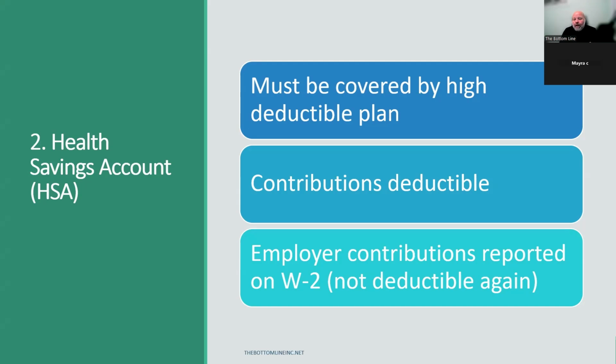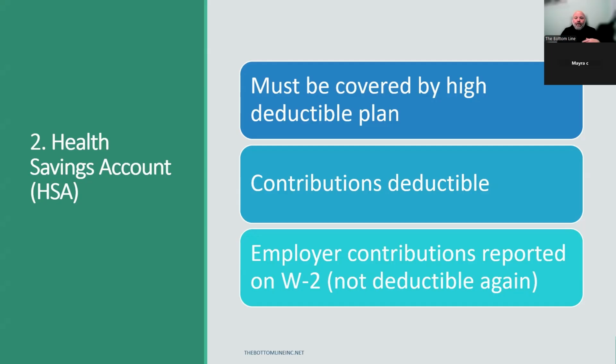But at any point in time, you can use this money for medical expenses and it's tax free. So HSA, we call it triple tax free. You get a tax break when you contribute it. It gets to grow tax free. And then number three, when you take the money out, it's tax free.